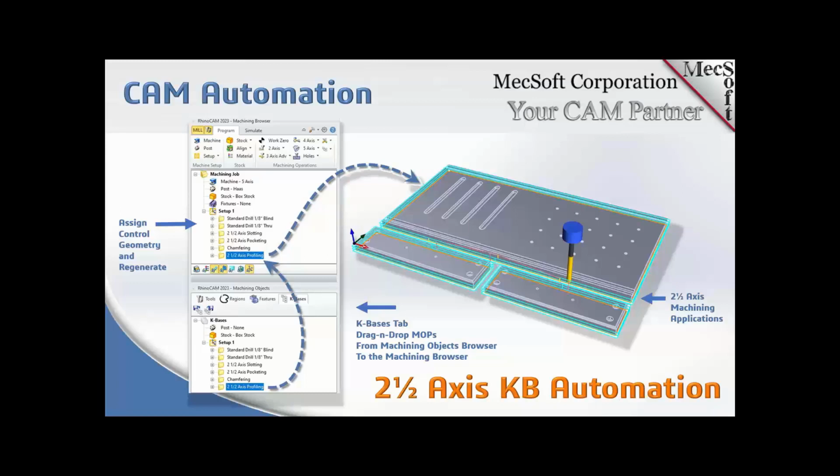And then we're going to bump it up a level in 2.5 axis and show you how you can automate the selection of geometry. So you can completely automate your 2.5 axis operations similar to how you do in 3 axis, with automatically selecting your geometry based on layers or colors of geometry, etc.